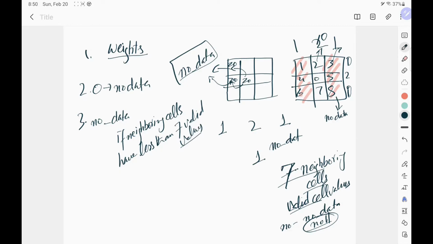This means that you have a total of 8 neighboring cells, 1 2 3 4 5 6 7 8, and the minimum number of valid cells is 7. Valid cells mean that they should not have no data. If not, the answer will be no data. This also implies that the edge cells in the raster file will have no data after the analysis.